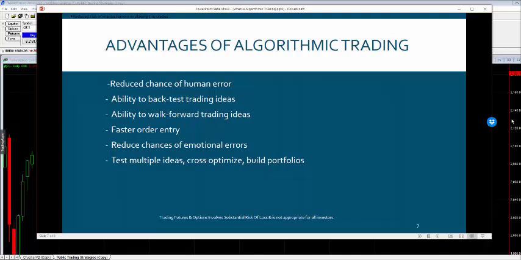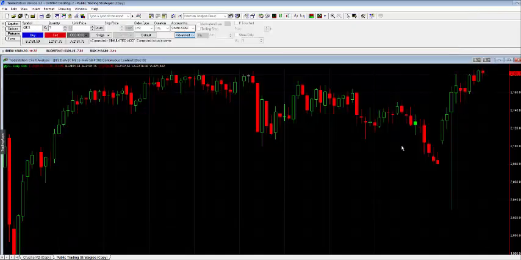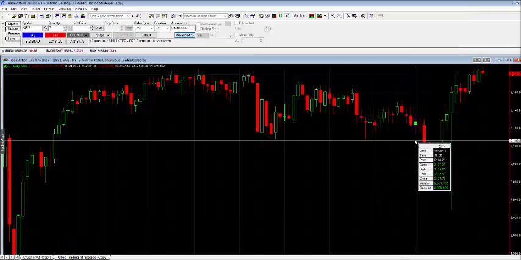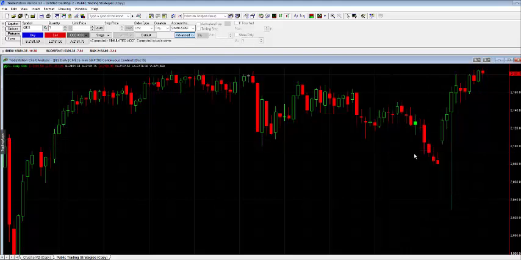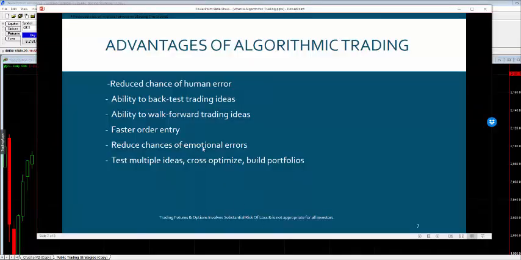They might decide that they have a good algorithm or a good technical trading idea, but when it comes down to it, it might be hard for them to place it. So algorithmic trading reduces it. It doesn't eliminate it, but it does reduce it because if you let the algorithm run, it'll just place the trades. It doesn't totally remove it though, because you can always override the trades, but it does reduce them.